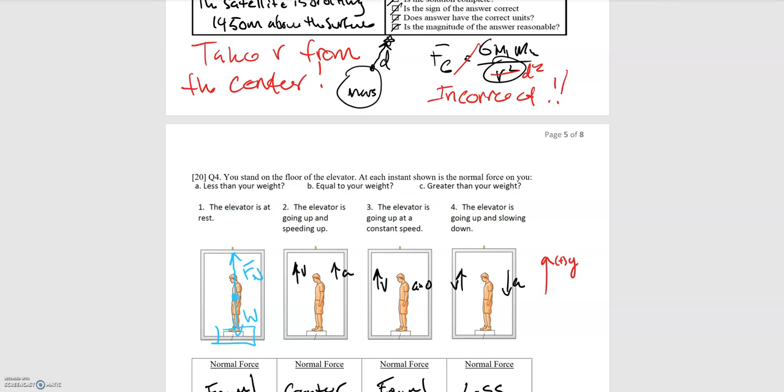So taking a look at 2 now, the elevator is going up and speeding up. Going up is a positive direction. Speeding up tells us a and v must be in the same direction. This is a recall of modules 2 and 3.